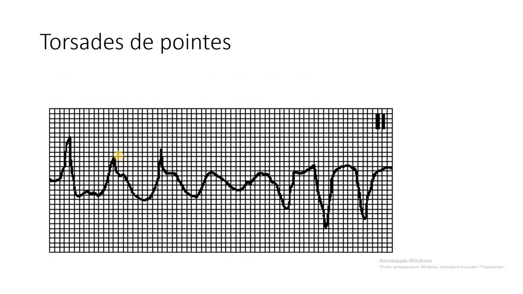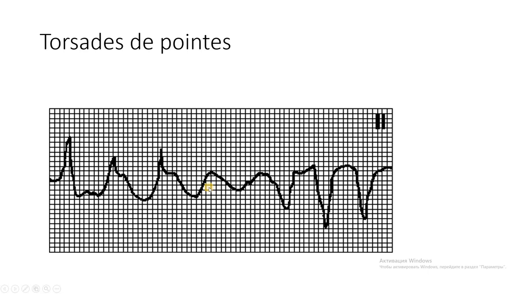Next one, torsades de pointes. Here we can see some groups of QRS complexes direction up, and after that some groups of QRS complexes direction down. It is dangerous for patients.